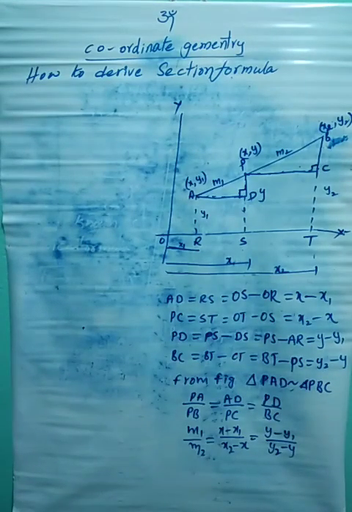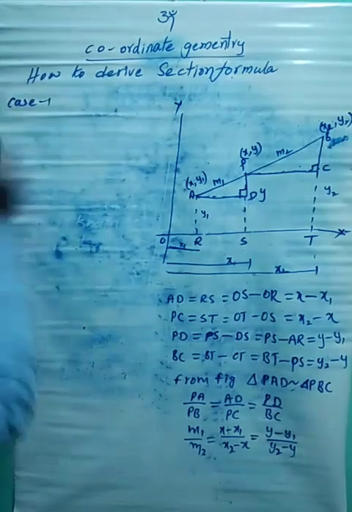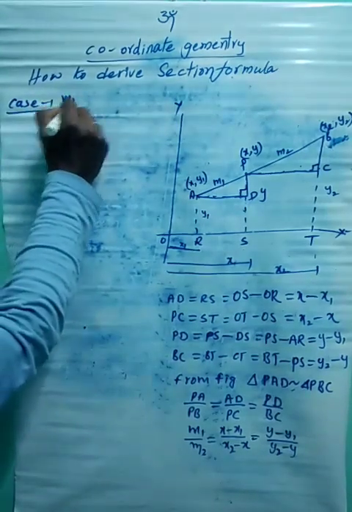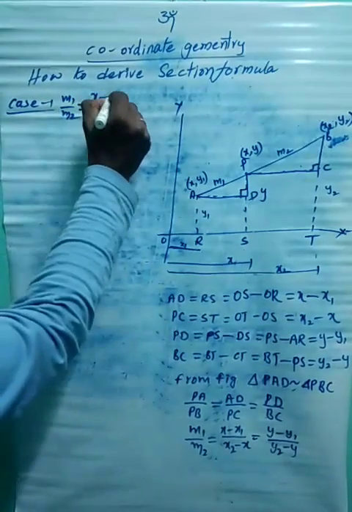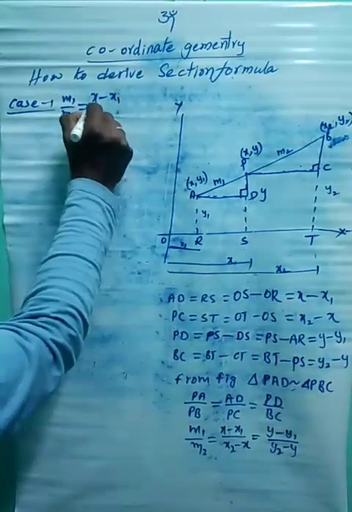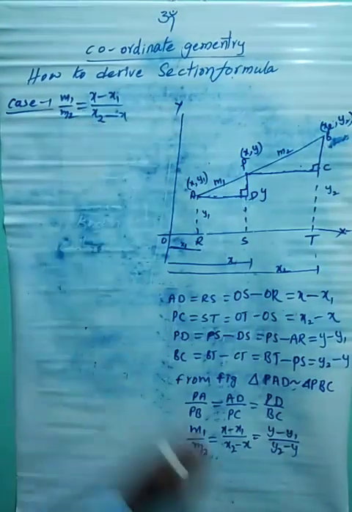Now I am taking case 1 and case 2. In case 1, I am taking M1 by M2 is equal to the first one, X minus X1 by X2 minus X, calculating separately. These two I am taking.